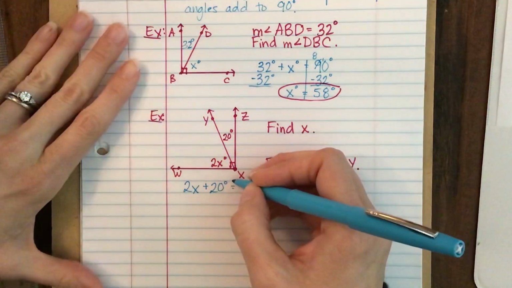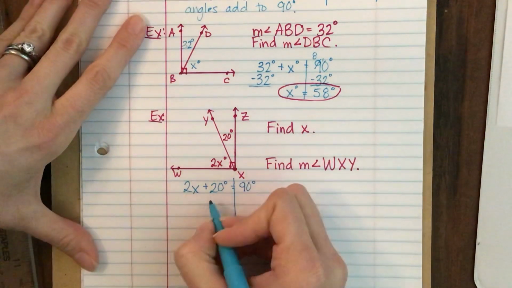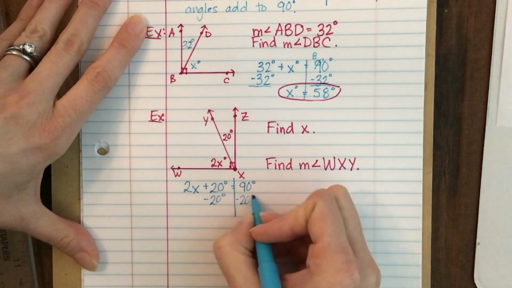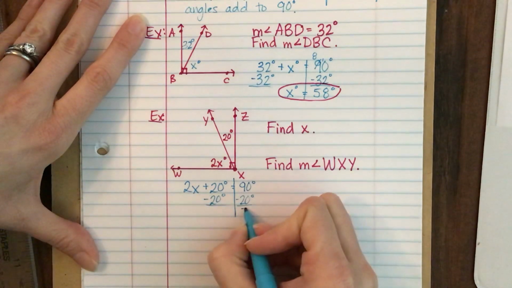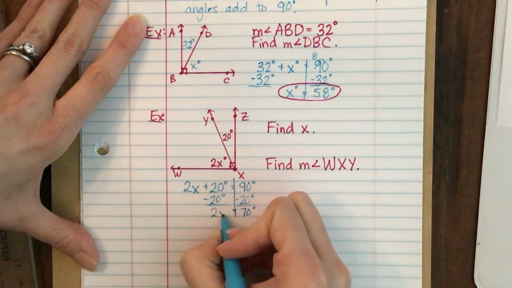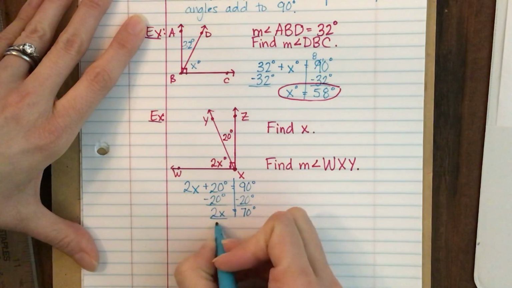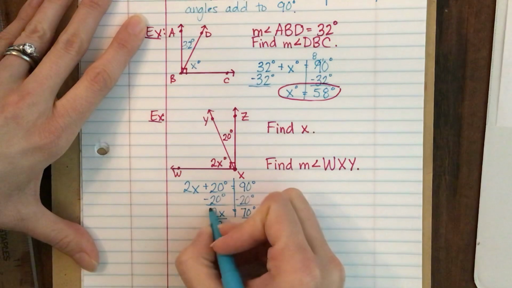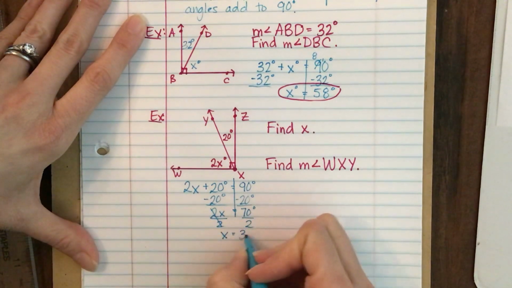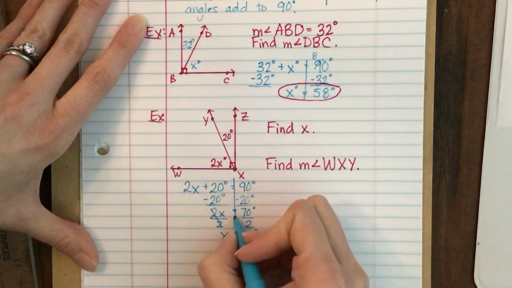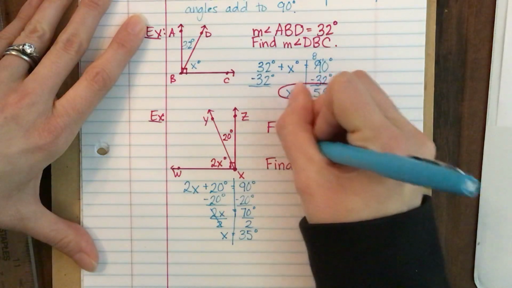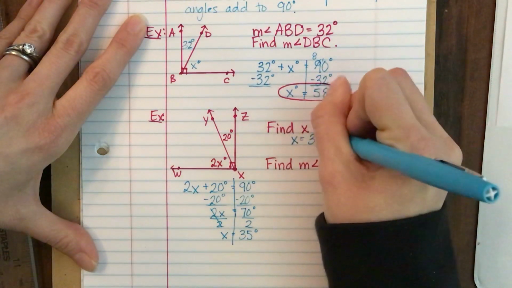So let's go ahead and solve it just like we do our two-step equations. I'm going to subtract 20 degrees from both sides. We're left with 70 degrees on this side and 2x on this side. Then I'm going to divide both sides by 2. And I get that x is equal to 35 degrees. Okay, so we've solved the first part here. We have x is equal to 35 degrees.